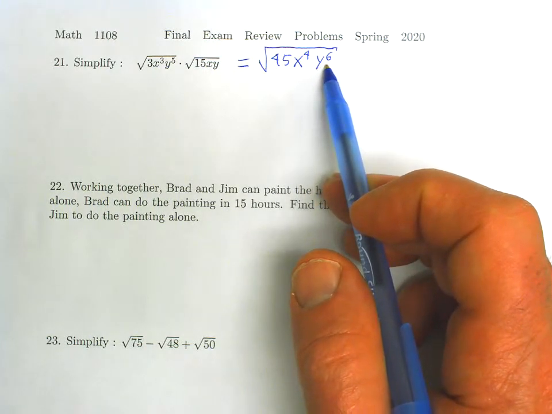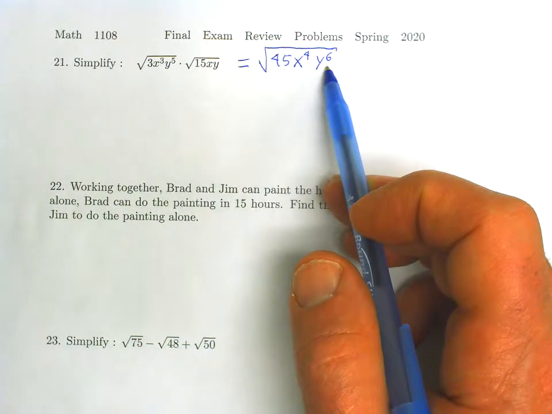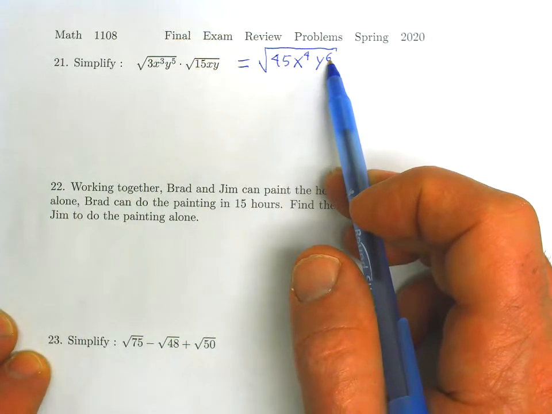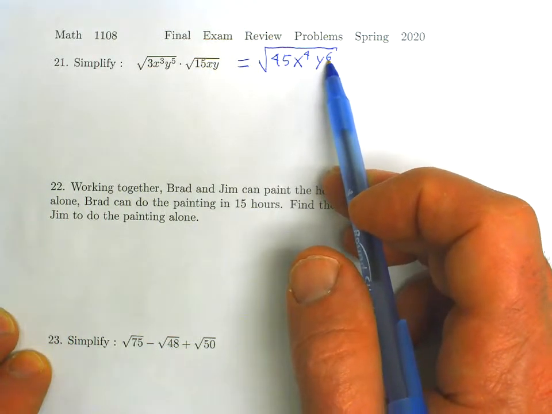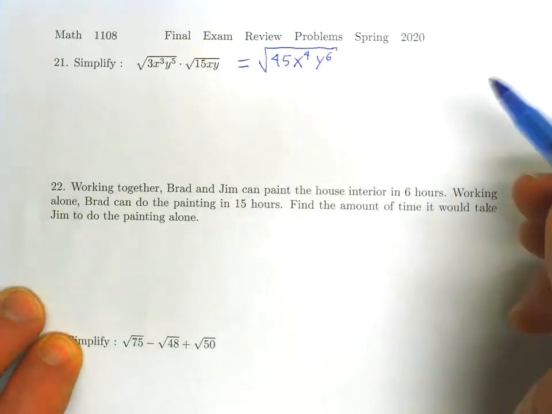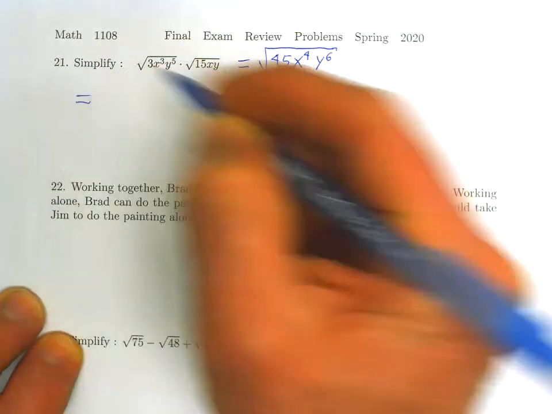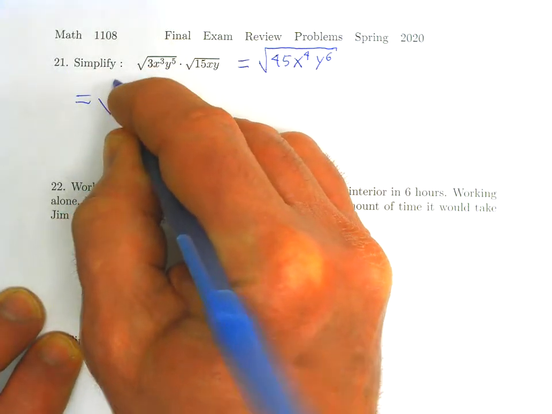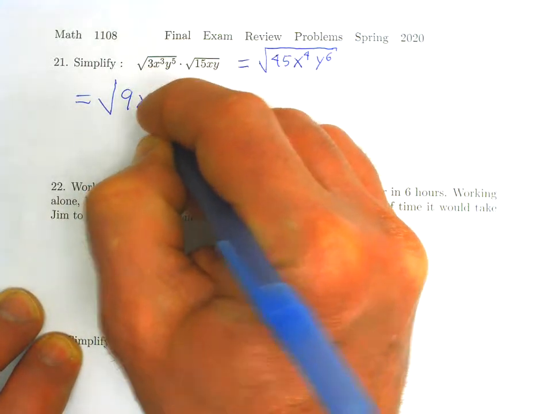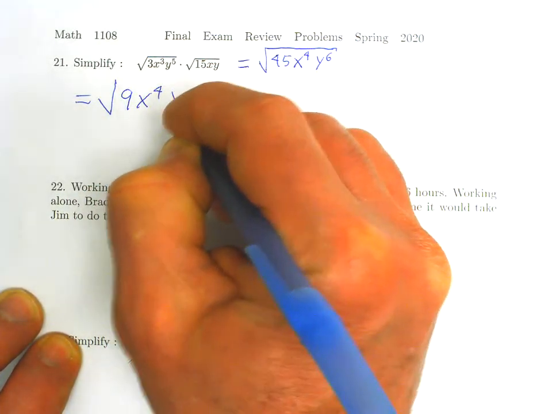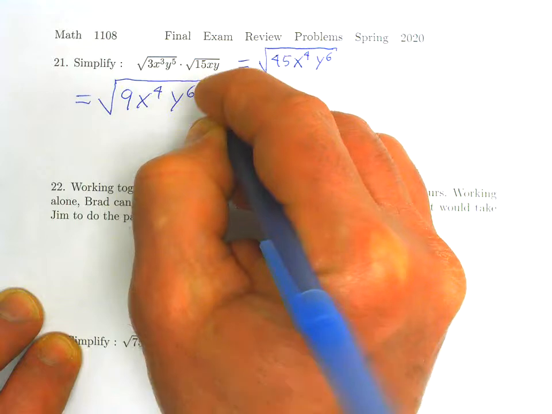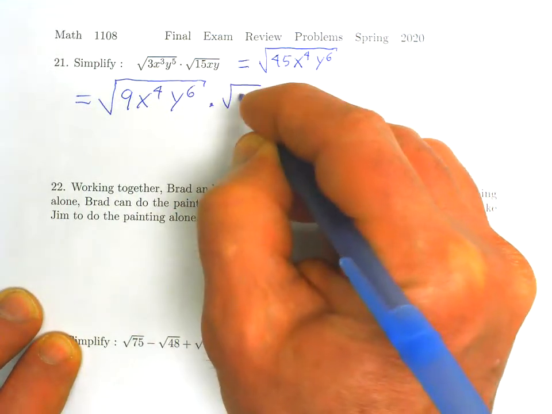And y to the sixth is also a perfect square because the exponent 6 is even, a multiple of 2. Okay, so we'll rewrite this as the square root of 9x to the fourth y to the sixth multiplied by the square root of 5.